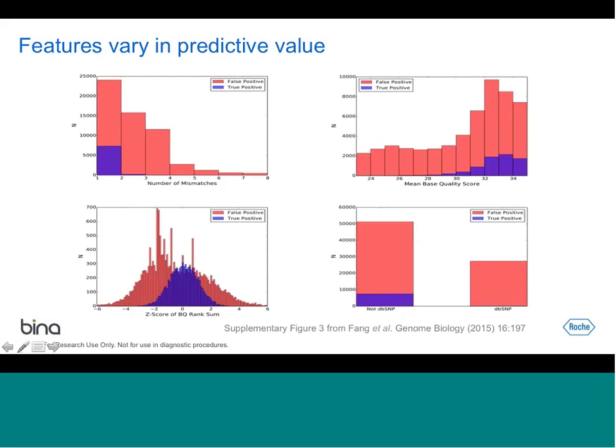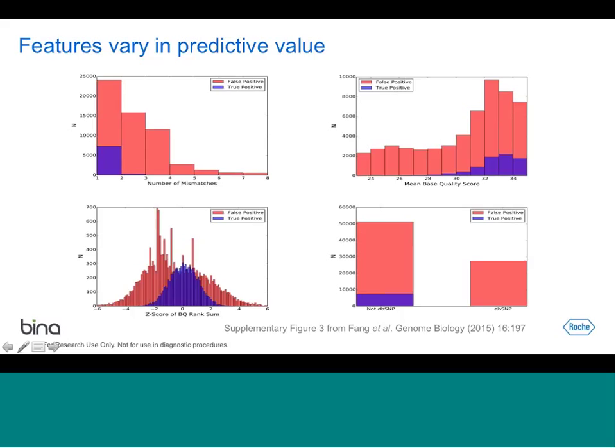If you have variant reads that are of lower quality than the reference reads, this is really saying maybe they're not variant reads, the bases are not called correctly, and then you will have a Z-score in the negatives. From this histogram, you see that the true positives have essentially a bell curve centered right around 0, and the false positives have a huge peak around negative, indicating that in addition to having high base quality, you want base qualities that are more or less consistent between your two reads.